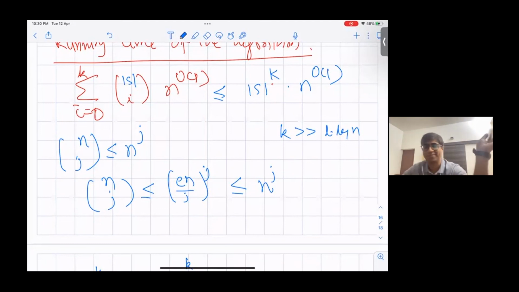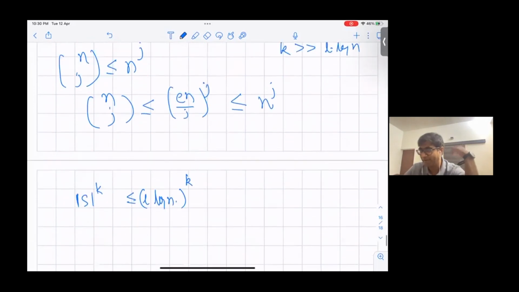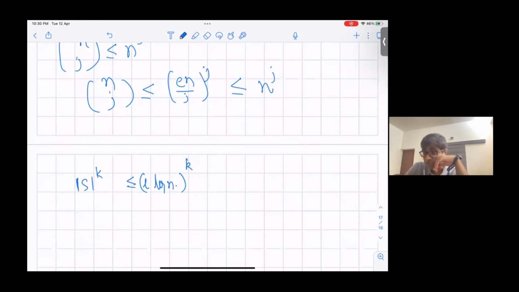So not much can be done, even if I try to save using these things, because you can show that this number is actually upper bounded by L power k times k power k plus n. This you can show. But that's not useful for our purposes, right? So log n is not useful.